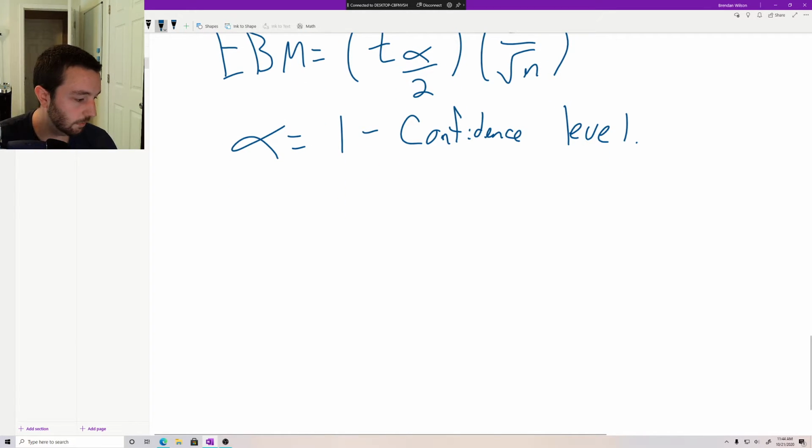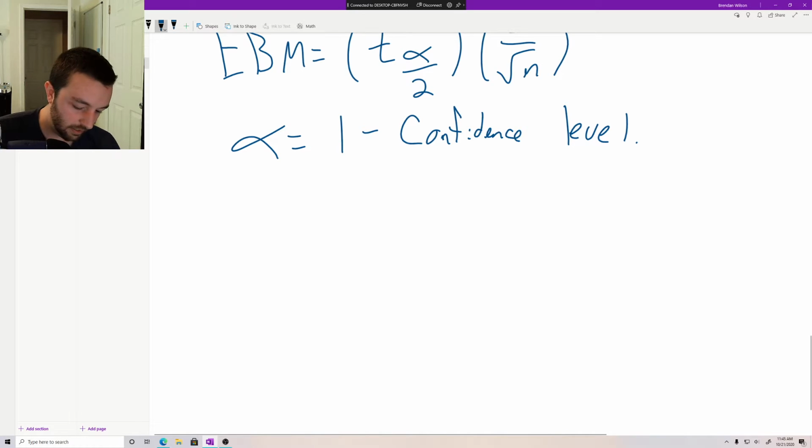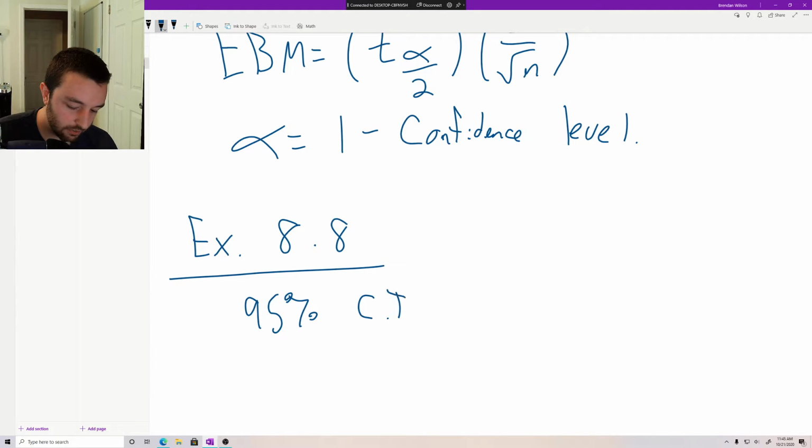Let's do this example here so that we can see how to calculate the t-score and everything. If we look at example 8.8 here, it asks us to construct a 95% confidence interval.